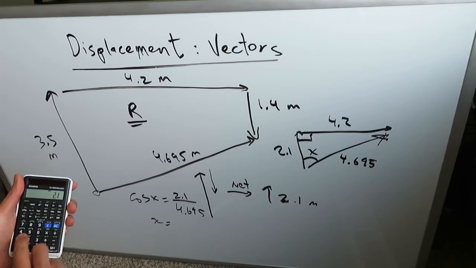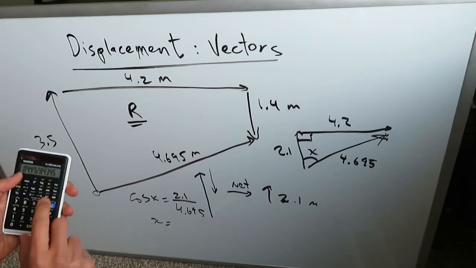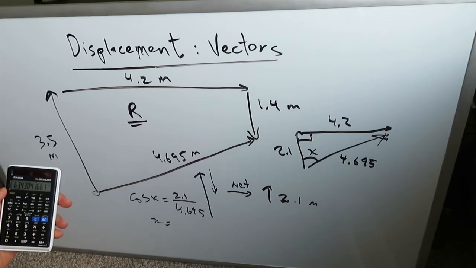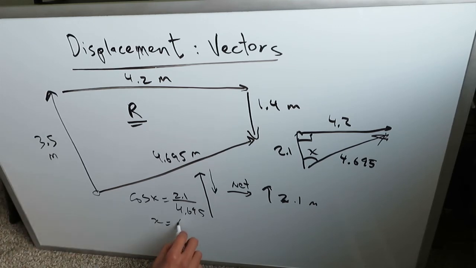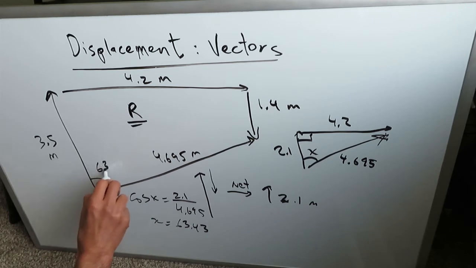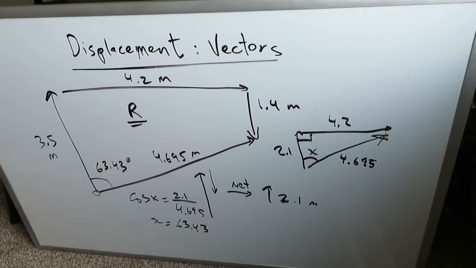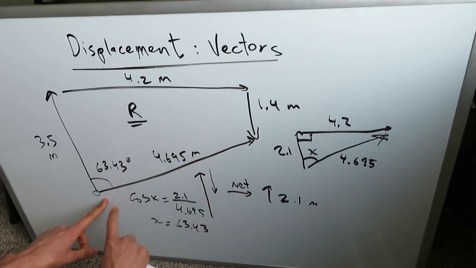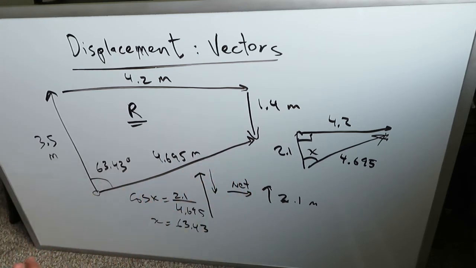So do 2.1 divided by 4.695, inverse cosine it, and you get 63.43 degrees. So here's our angle, 63.43 degrees. You could have done everything with the exact use of vectors by doing proper ruler and protractor usage, angles and everything, and you could have easily calculated this to be 4.695 with an angle of 63.43, but the calculator makes it so much easier.